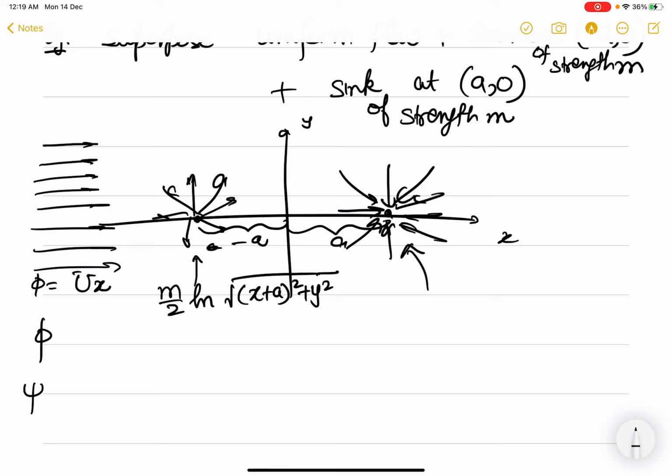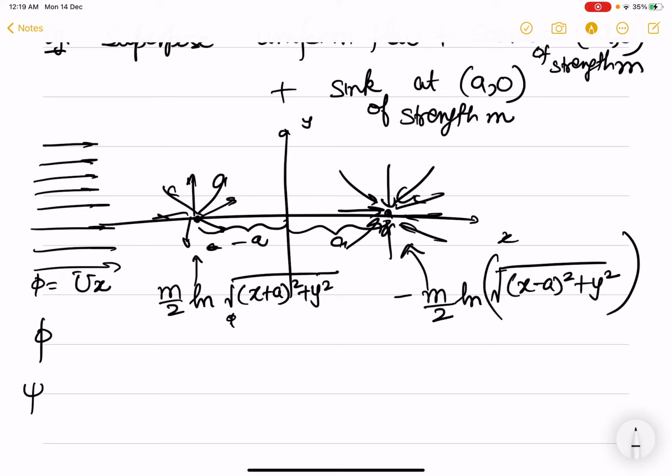And for the sink, it becomes minus m log of square root of x minus a square plus y square.